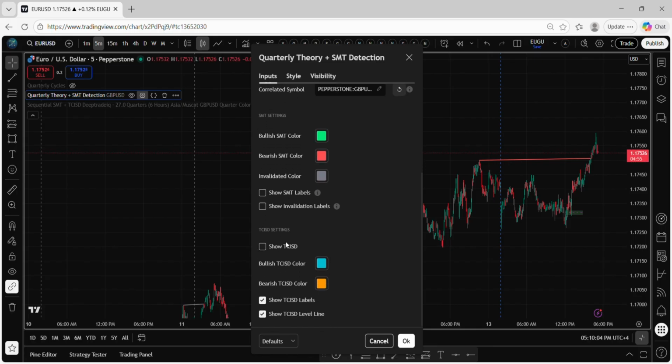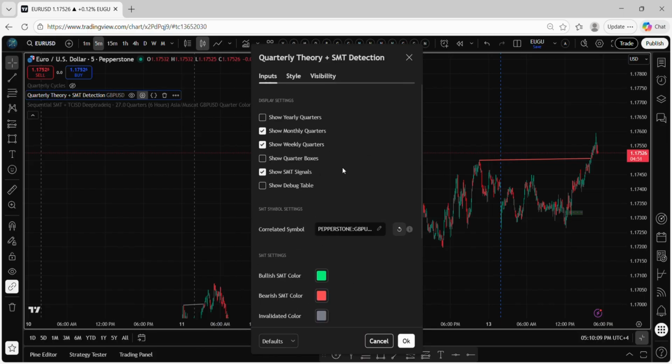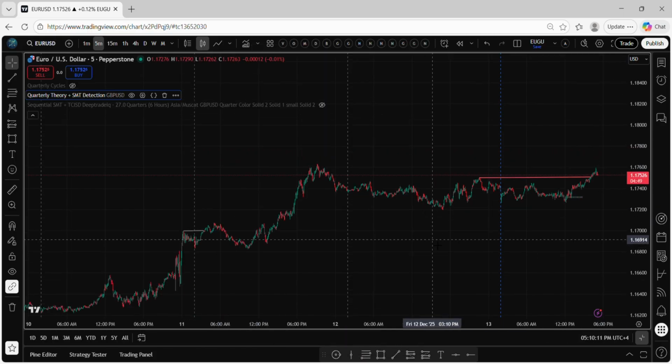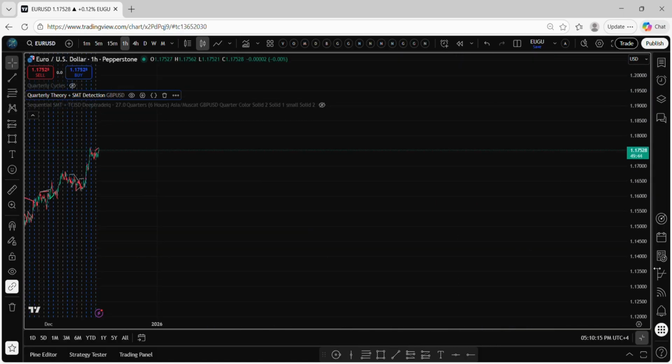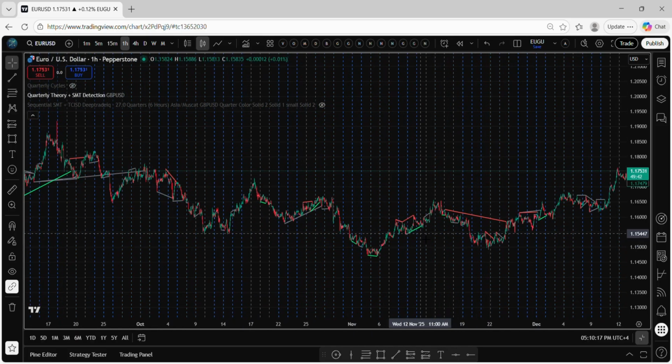I will add this indicator soon to my TradingView profile, but it's still under process.